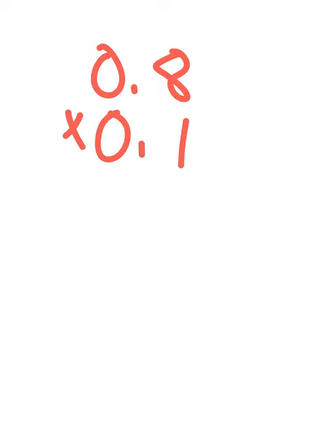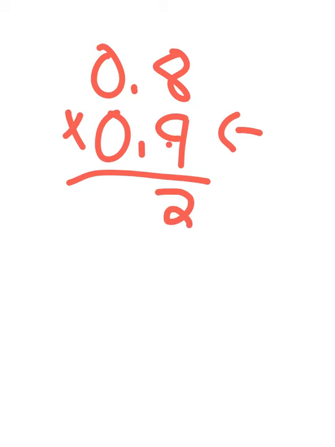All right, last one. We have 0.8 times 0.9. Okay. Very simple. This one, we start off here with our 9 times 8, which is 72. So put down your 2, carry your 7. 9 times 0 is 0, but you add 7 to that 0 and get a 7 down here.